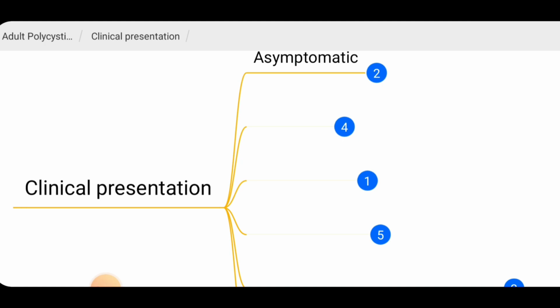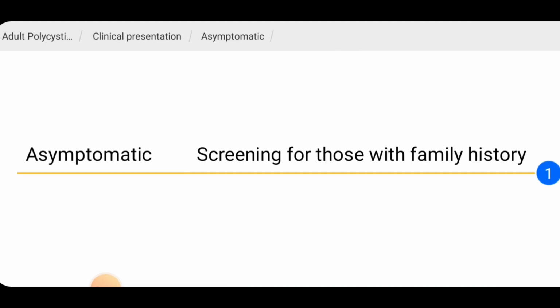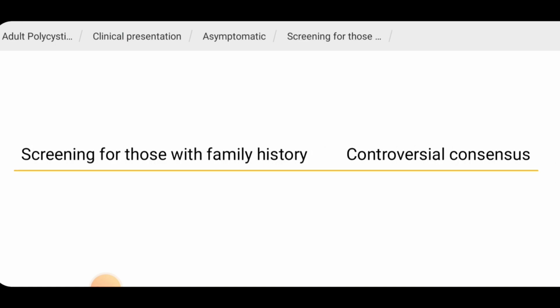Let's look at the clinical presentation of this condition. Usually it is asymptomatic. Therefore, if a family member has adult polycystic kidney disease, it is important to screen the other family members as well. However, the consensus is controversial. The reason is that if we screen someone for a condition, then there should be a cure for that disease.